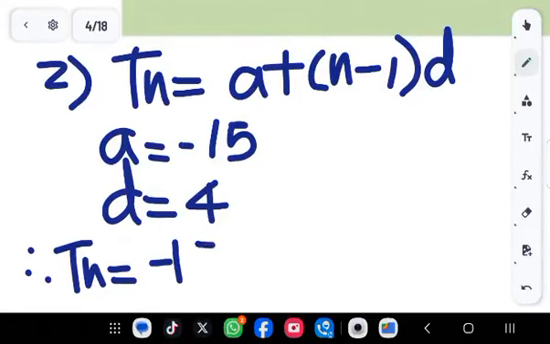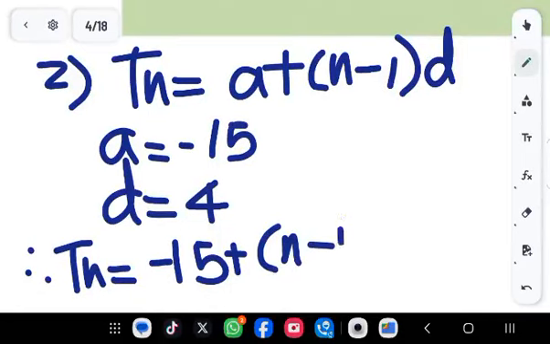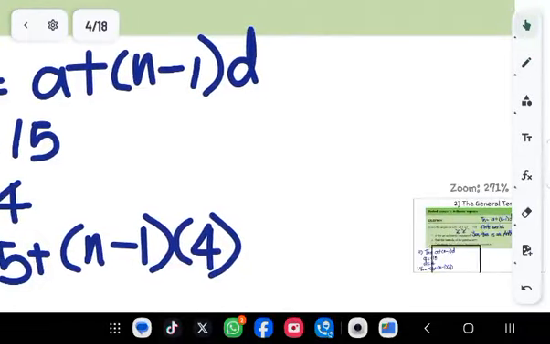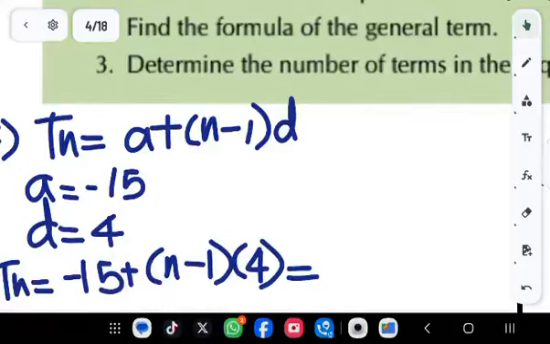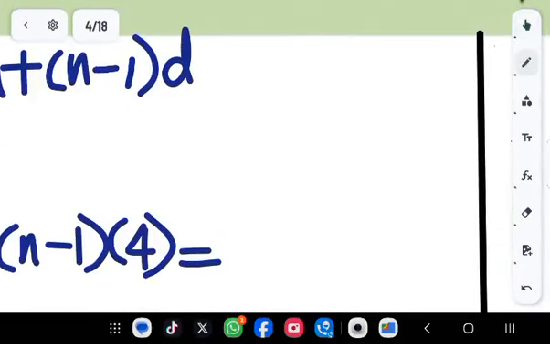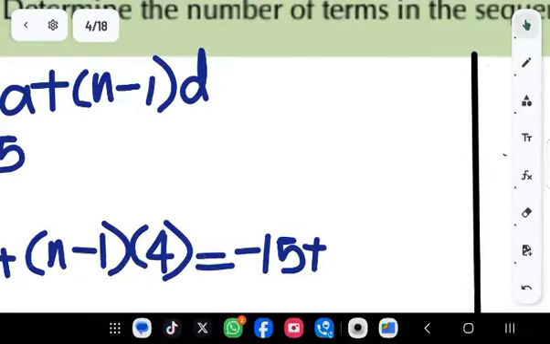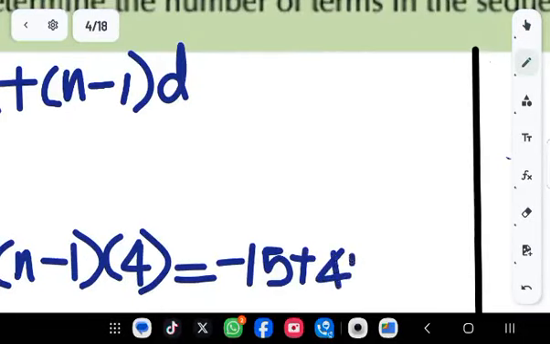So that will be negative 15 plus in bracket n minus 1 times 4. Let's expand this. Now when we expand this, it becomes negative 15 plus 4 times n minus 1 times 4.